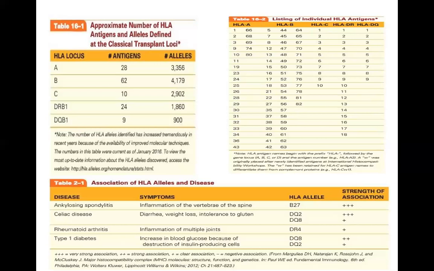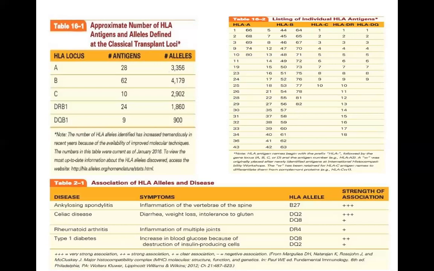IgG has 4 different versions of itself, and they each have slightly different functions, but they're all still essentially IgG. So for humans, locus A here has 28 main types of class 1 antigen, with each having several possible variations or alleles, totaling 3,356 for that locus. So HLA-A1, for example, may have 200 different versions of itself.